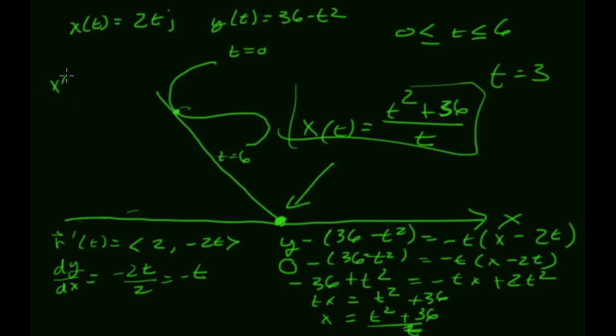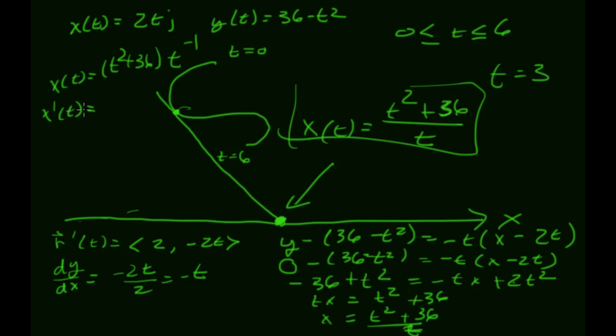So I could write x of t as t squared plus 36 times t to the negative 1. Take the derivative of that, x prime of t is going to be, well, let's see.